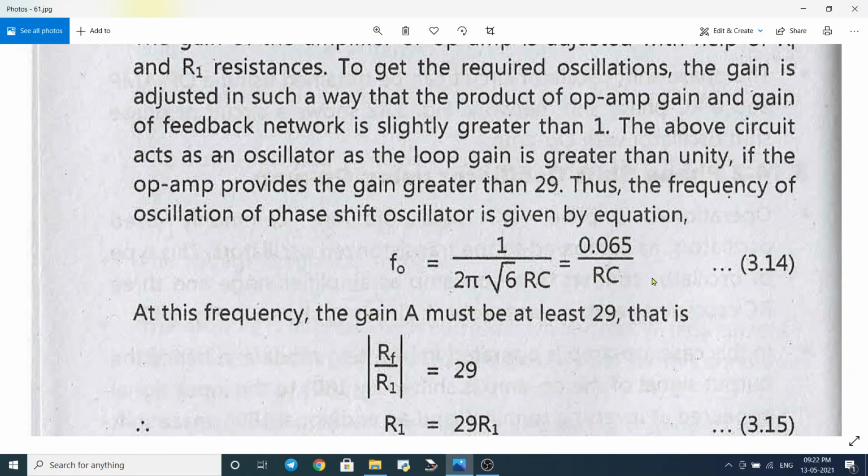Remember, this is an important formula. The output frequency of the phase shift oscillator is given by 1 upon 2 pi square root of 6 into RC, or we can write this as 0.065 upon RC. So the question will be asked, output frequency of phase shift oscillator is equal to dash dash dash. Options will be given.